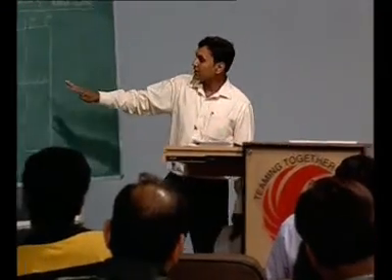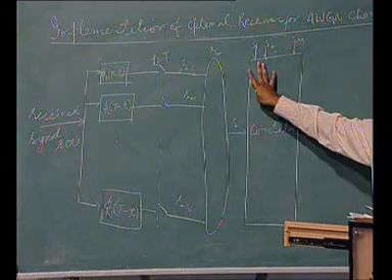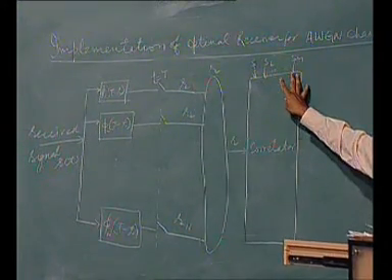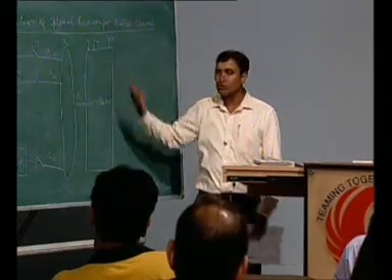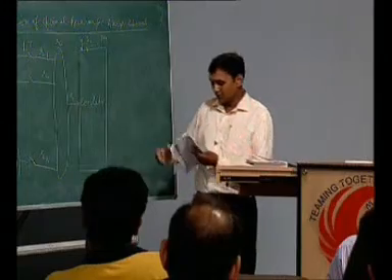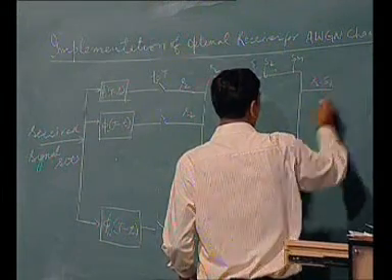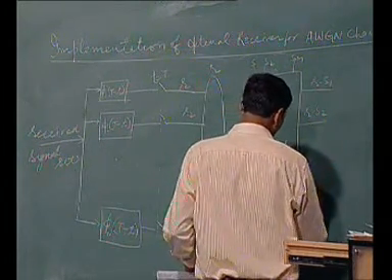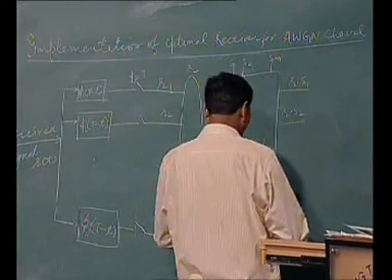If you are receiving a signal similar to S1 and correlating with S1, it will give us the maximum value. For all others, it will give the least value. So this is one thing. We'll again explore the same property, and we can write R dot S1, R dot S2, and so on up to R dot Sm.